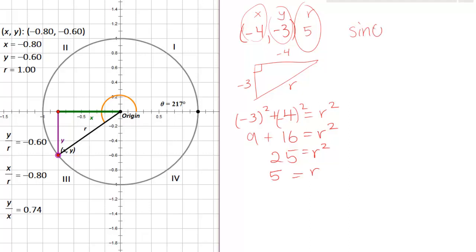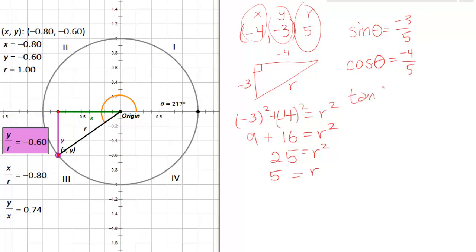So the sine ratio is going to be the y value opposite over the r value. So that's -3 over 5, which is actually -0.6. Look at that. Okay, now find the cosine. The cosine is going to be the adjacent over the hypotenuse, which is x over r, which is -4 over 5, which is also -0.8.